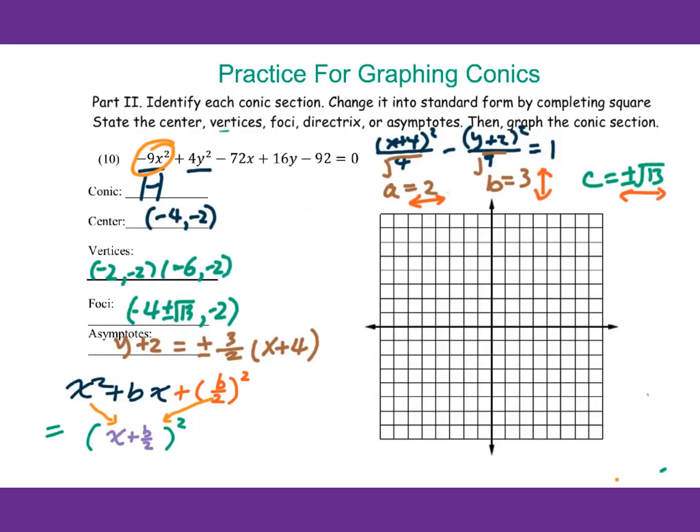Now we sketch the graph. Get the negative 4, negative 2. That will be this point. Then I go right and left to these points. Then from the center, I go up 3, down 3.